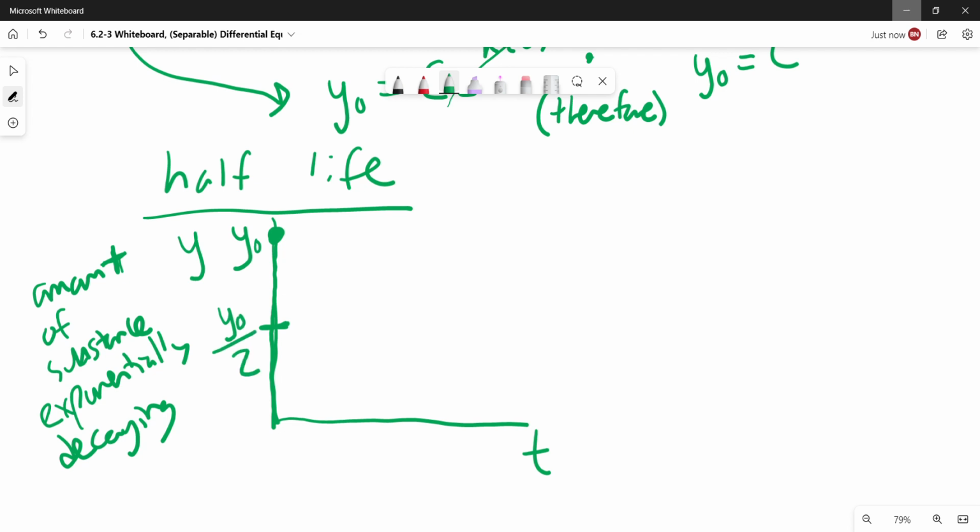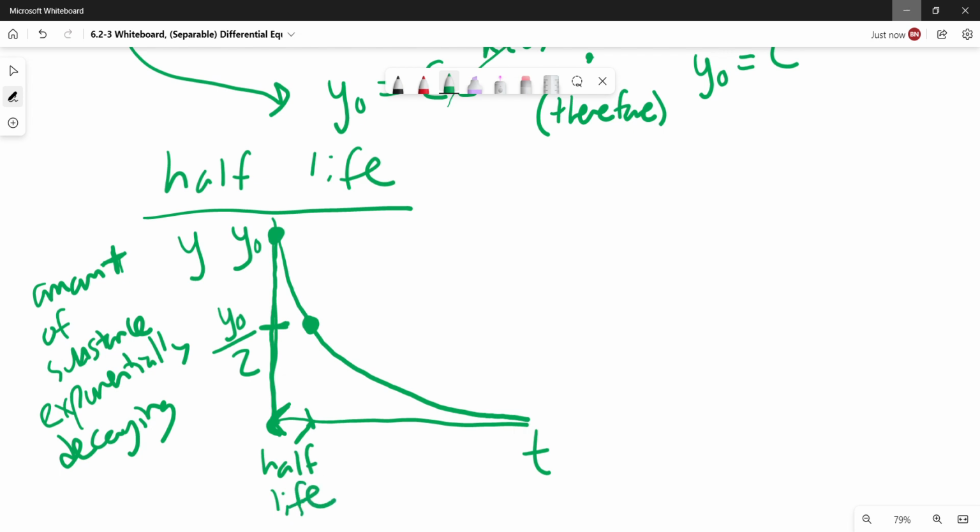So the decay is going to look kind of like that. When the amount of whatever it is gets down to half of its value, the time it takes to get to half of its amount is called the half-life. You've probably heard of the video game.